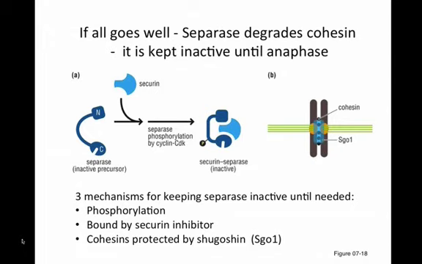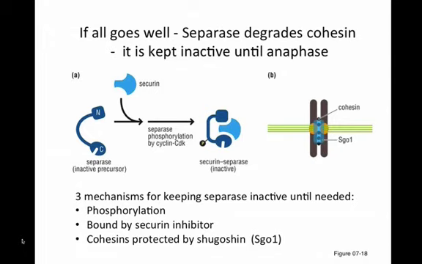There's also phosphorylation that keeps it inactive, and then there are these proteins called Shugoshin, which bind to cohesins and protect them in case something's mutated. Let's say securin's mutated and separase is always active for some reason and wants to cleave the cohesins in the absence of APC activating it.